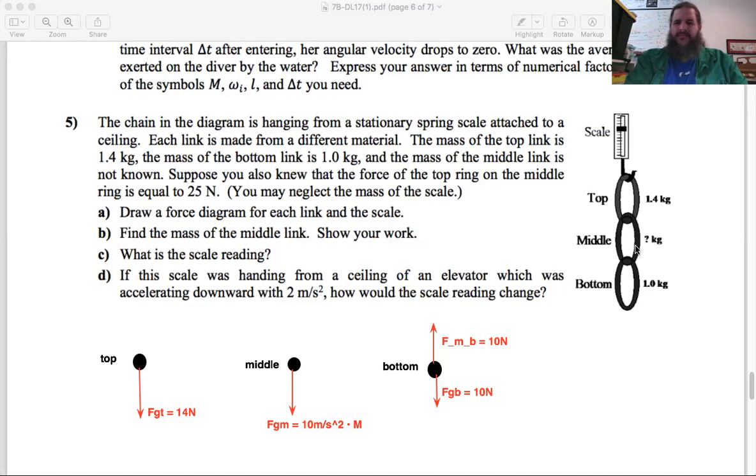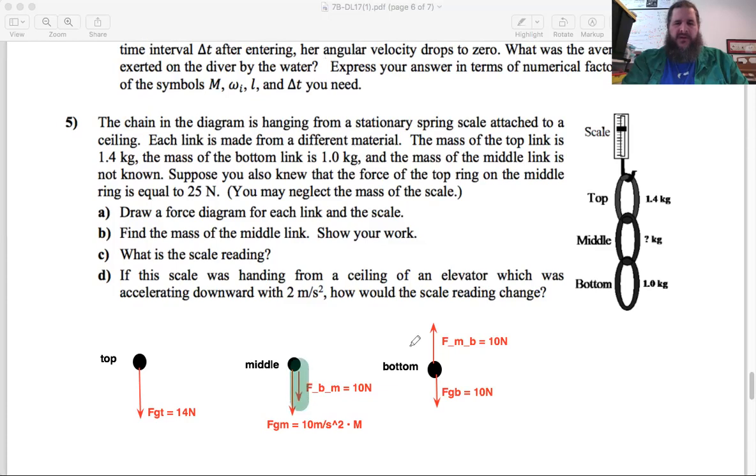Has to be pulling it down. Right, and pulling it down with how much force? 10 Newtons. Right, we're going to have a 10 Newton force from the bottom link on the middle link. So the force of the bottom link on the middle link is also 10 Newtons, but in the opposite direction. These are the equal and opposite forces that Newton's third law is talking about. We would describe these as a third law pair.